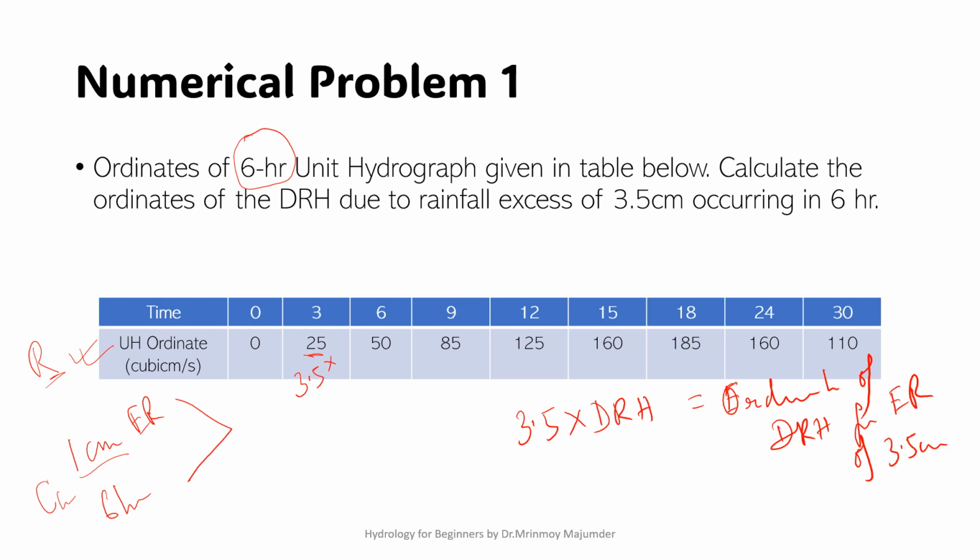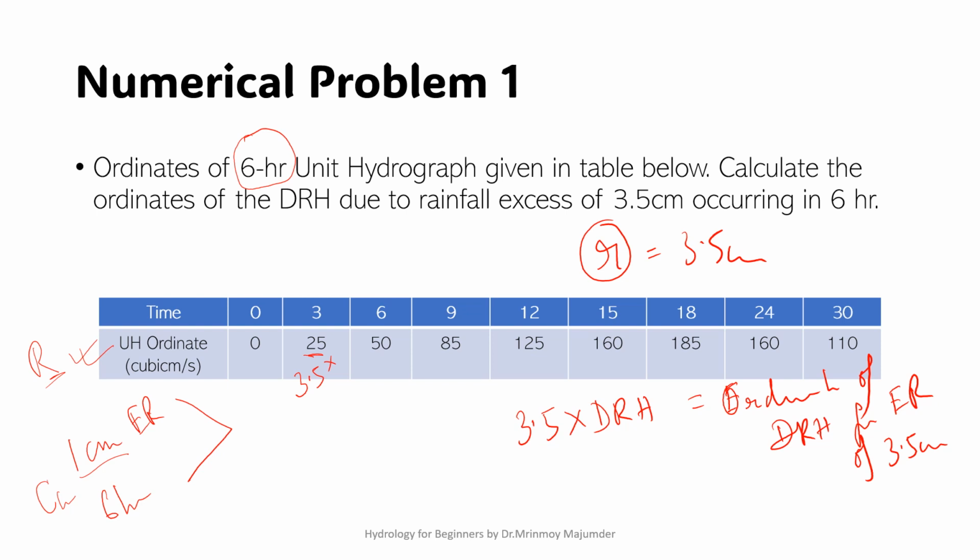So for an excess rainfall of 3.5 centimeter or 5 centimeter or 6 centimeter or 10, whatever will be the case, if it is R, let us say R is this 3.5 centimeter, straight away multiply this R with the ordinates of the unit hydrograph generated due to the 1 centimeter excess rainfall for 6-hour duration.